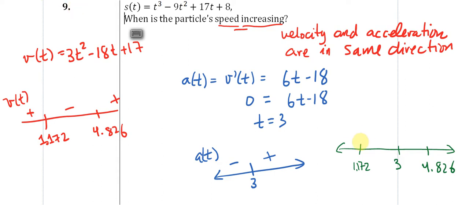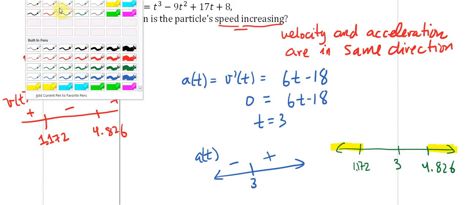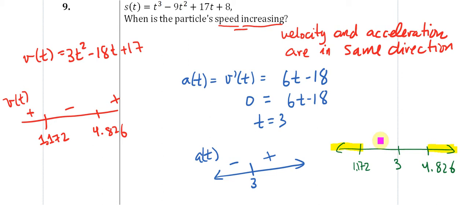The velocity is going to be positive here and here, and the acceleration is going to be positive from 3 onwards.